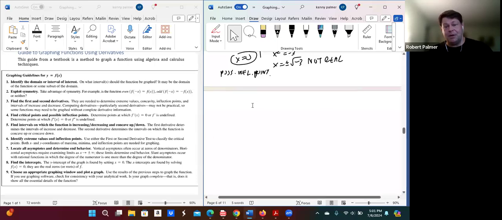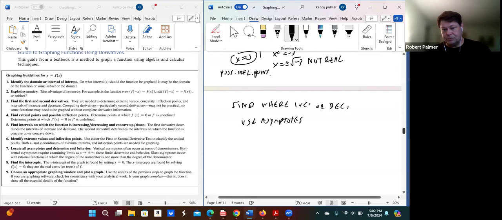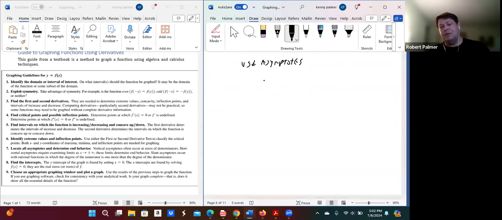We know of a couple of those. So to find where it's increasing or decreasing, we're going to use our asymptotes. Remember we have vertical asymptotes, so I was making the dotted lines since they're our asymptotes at x equals -1 and x equals 1.